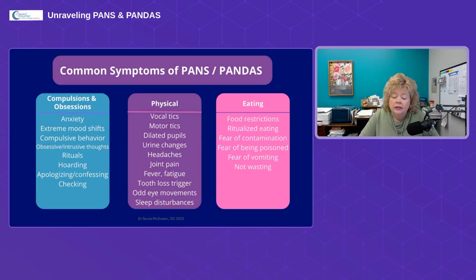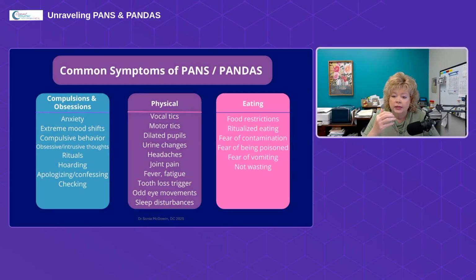And then a lot of symptoms around food and eating. So kids who will restrict their food intake for a variety of reasons, right? We've kind of touched on some of those. So they have a fear of contamination. They have a fear of being poisoned. They fear that the food might make them throw up. And many times we see a lot of rituals around eating.